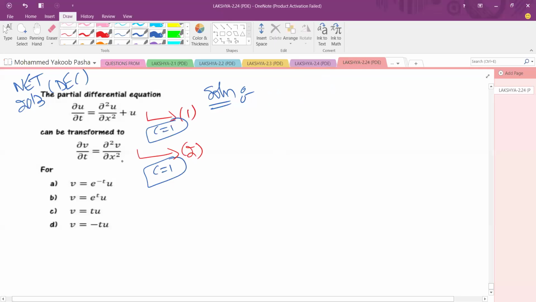Here also C is equal to 1. Both are heat equations. In the first one, there is an additional term, that is u. First, we can check which option satisfies equations 1 and 2.